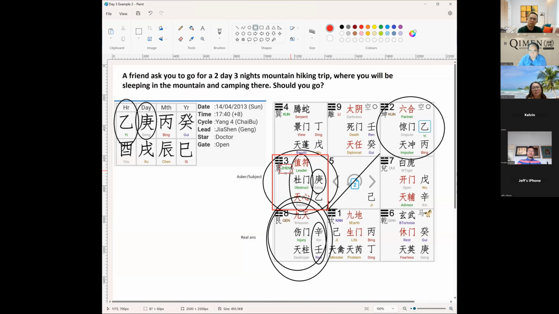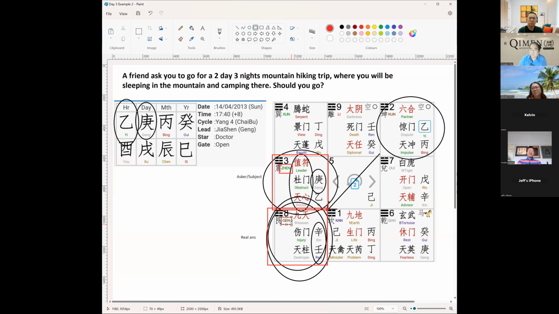Second, what is the answer? The answer is over here, box number 8. See this? Box number 8 below is earth. Brown color equates to earth. So remember the relationship.